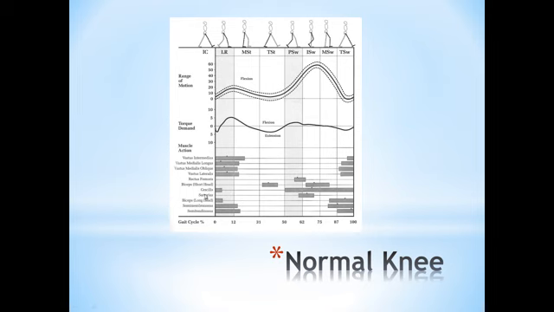So when I look at what is happening from a muscular demand perspective, again, at loading response, we have a large contribution from the quads. Gracilis is also assisting in controlling some of that rotary component. I look at the biceps, semitendinosus, and semimembranosus.